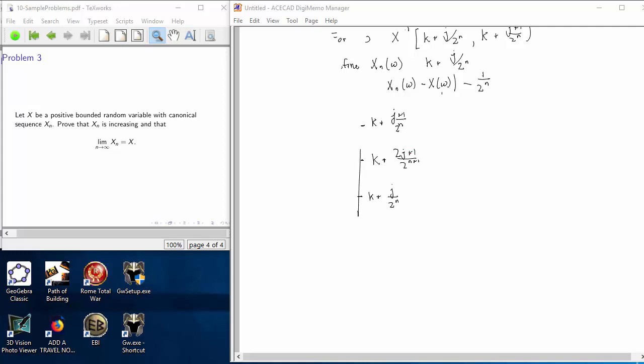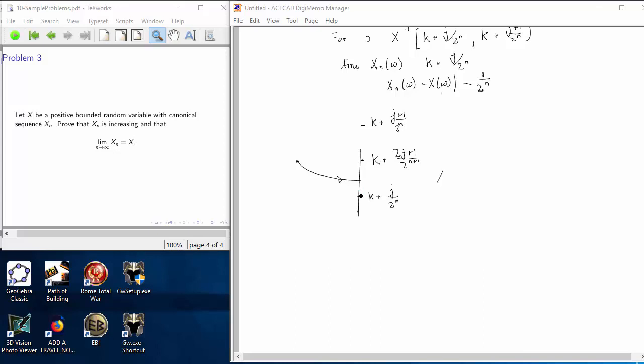And now there are two possibilities. It could be that omega leads to a value in here. In that case, what I did originally for x sub n was to round it down to that value. And what I still do, even when n is 1 greater, is round it down to that same value.